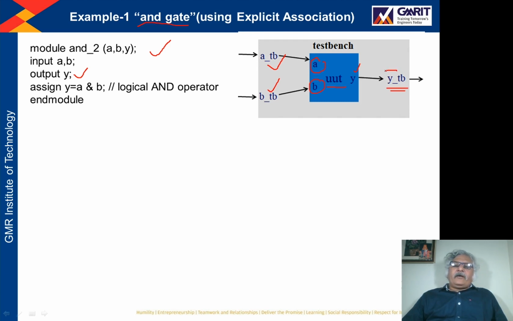I have given the name of the output pin of the test bench as Y_TB. Here TB indicates test bench, right? For that purpose I have written TB. So in this way we have to do the instantiation of the unit under test with the test bench.